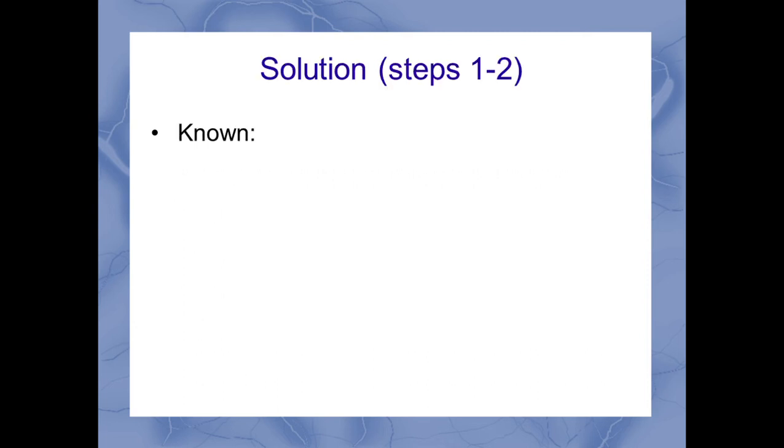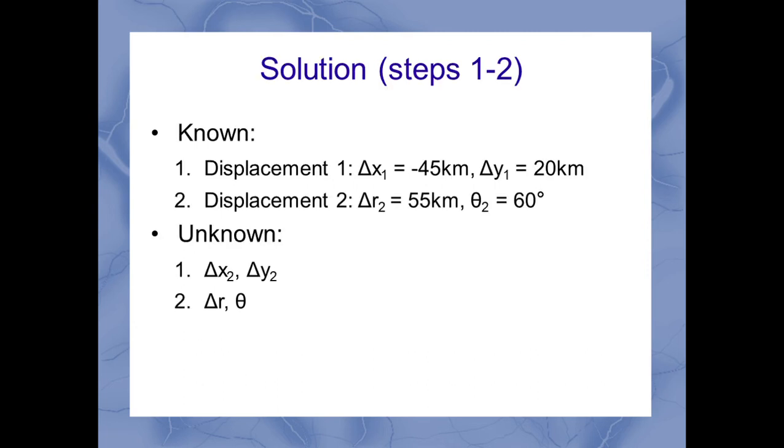So our known is that originally we had a displacement of 45 kilometers west, 20 kilometers north. Our second displacement is 55 kilometers at an angle of 60 degrees north of east. So we don't know how far east and north it travels, or the overall displacement and angle.